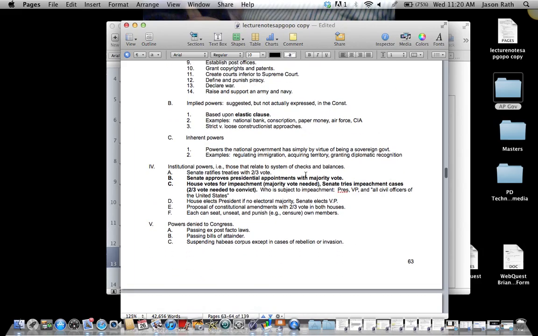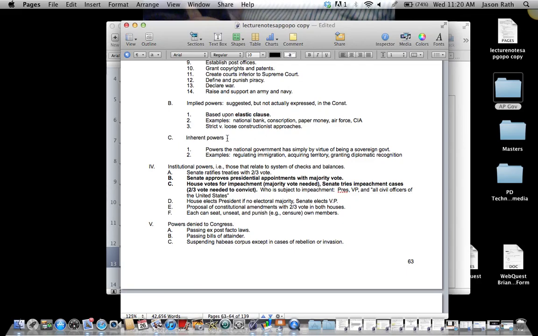You remember the elastic clause, or the implied powers? These are the powers not expressed in the Constitution but implied. McCulloch versus Maryland and the creation of the National Bank. So the examples besides the National Bank: conscription, paper money, Air Force, CIA. And then you have this thing here called strict and loose constructionist approaches.